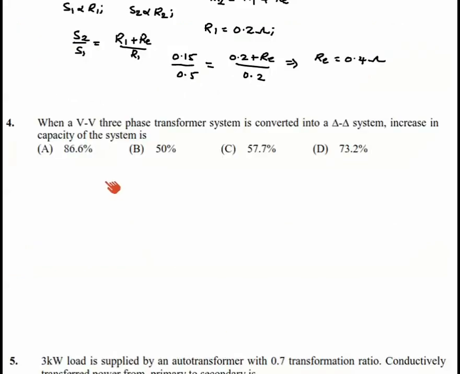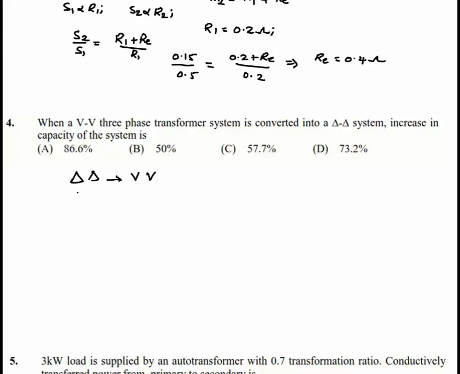The next question here: when a VV or open delta three-phase transformer system is converted into a delta-delta system, the increase in capacity of the system is. Normally, a delta-delta system is converted into an open delta system.